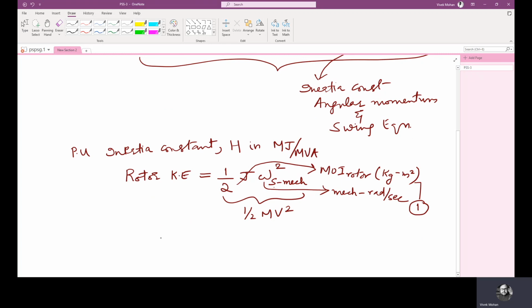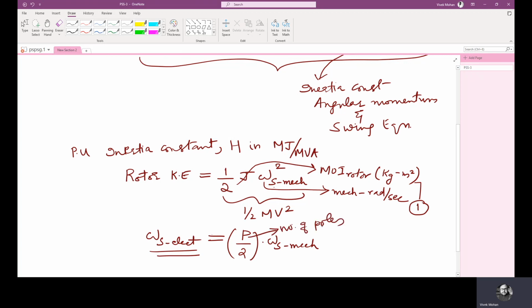Now omega_s electrical. How to convert omega_s mechanical to omega_s electrical? It is by using the number of poles. If the number of poles is P, then P by 2 into omega_s mechanical will give you the omega_s electrical, where P is the number of poles of the machine.